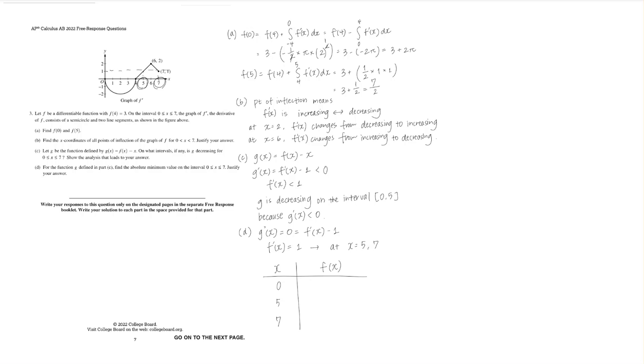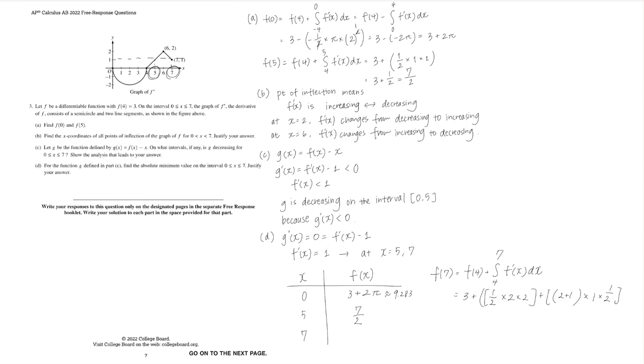And I will calculate the f of x from this. We already know f of 0 is 3 plus 2 pi, which is approximately 9.283, and f of 5 is 7 over 2, which is 3.5, from part A. For f of 7, it will be the same as what we did in part A: f of 4 plus the integral from x equals 4 to 7 of f prime of x dx.